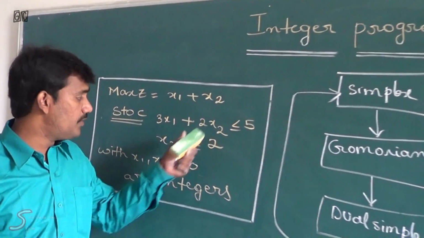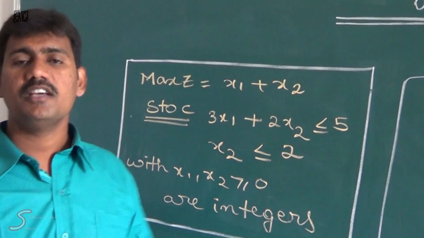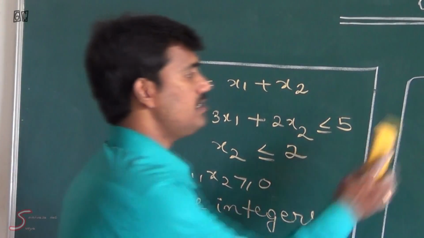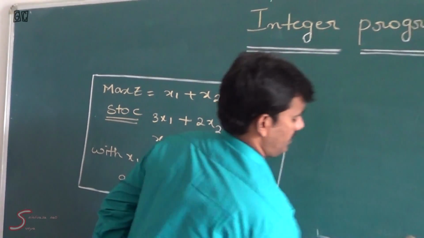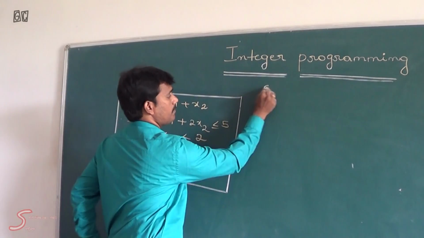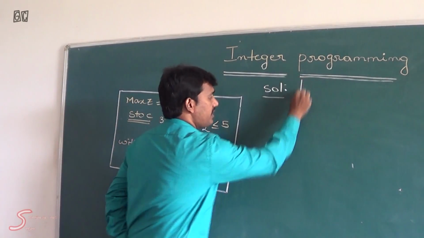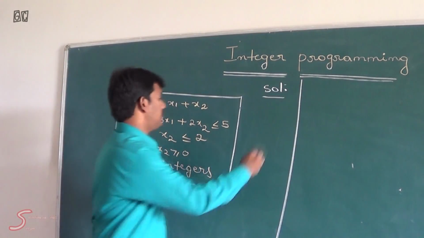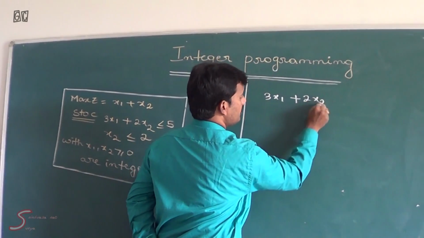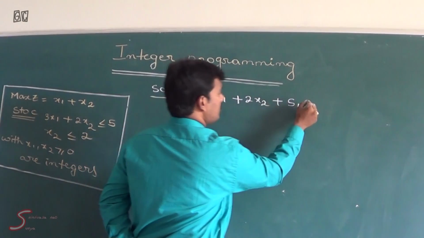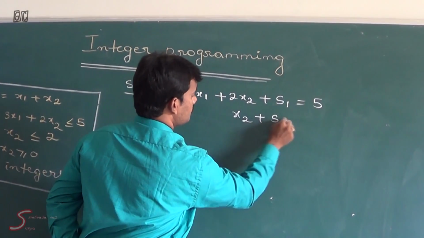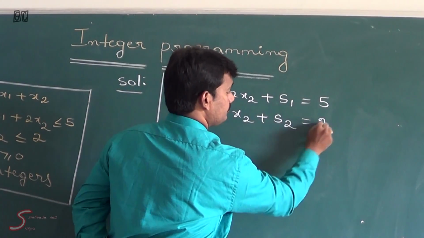The first step for these constraints is to change the inequalities into equalities by introducing slack variables. That is, 3x1 plus 2x2 plus s1 is equal to 5, and x2 plus s2 is equal to 2.